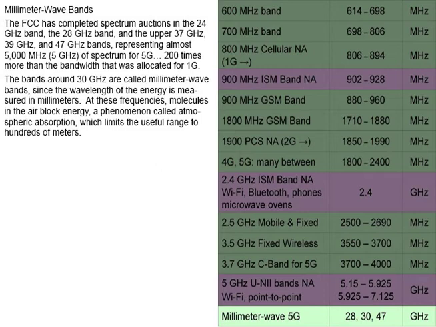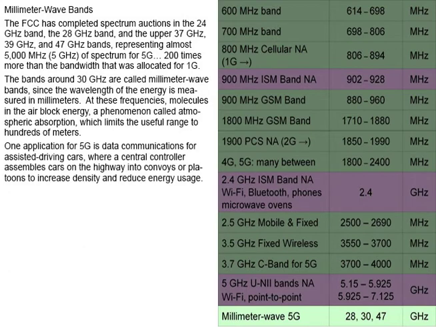The bands around 30 GHz are called millimeter-wave bands, since the wavelength of the energy is measured in millimeters at this frequency. But at these frequencies, molecules in the air block energy, a phenomenon called atmospheric absorption, which limits the useful range to hundreds of meters.